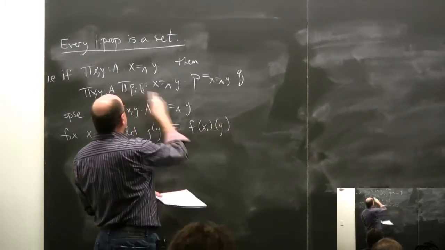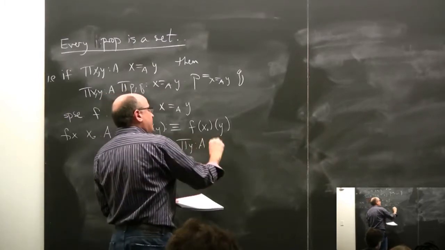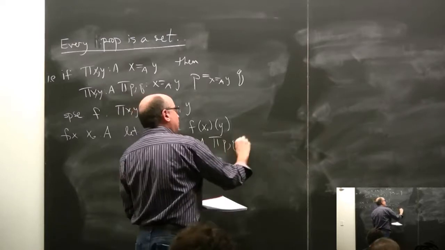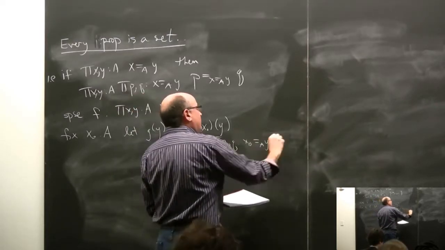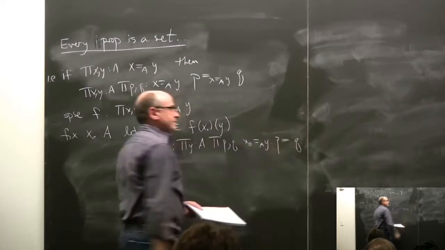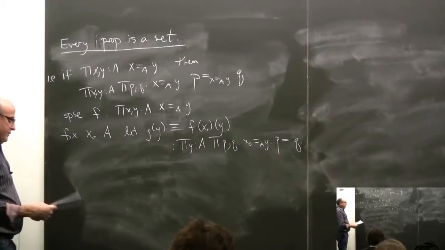So where does that live? You'll see the pattern, right? So we have p, q in x naught equals y, p equals q. Forgive me for not writing the subscript there, even though I warned you that's a way to get into trouble.